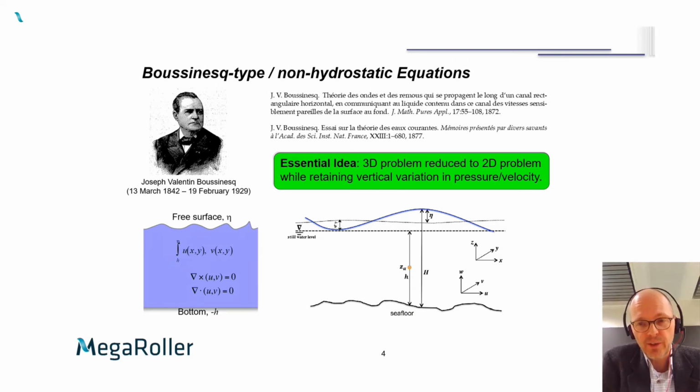With those Boussinesq-type models, you can resolve a lot of features of the wave field. You can resolve wave interference, bottom features, focusing, diffraction, refraction, wave breaking, and also, in particular, one thing which is very important is a long period oscillation of the mean water level. Those are called infragravity waves.